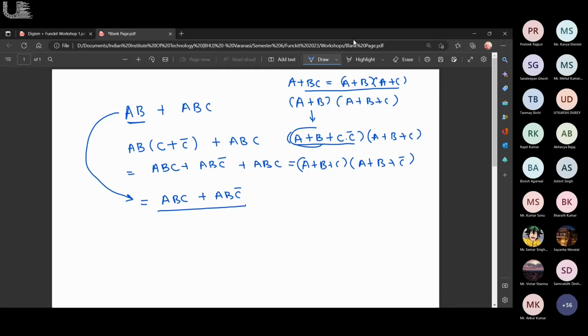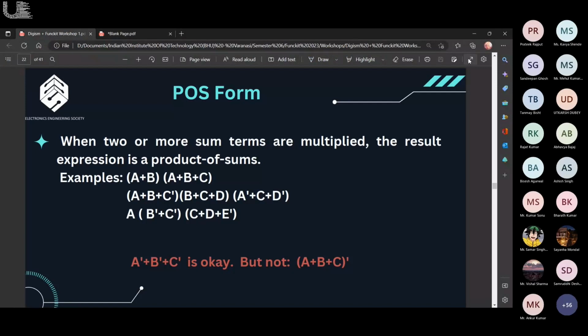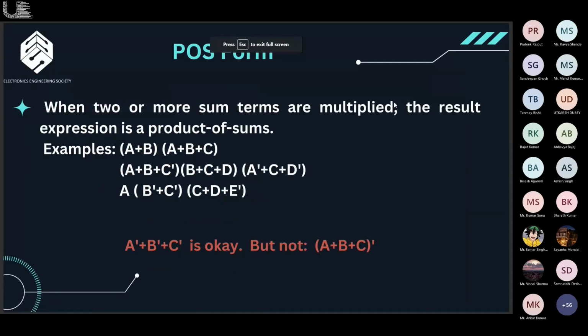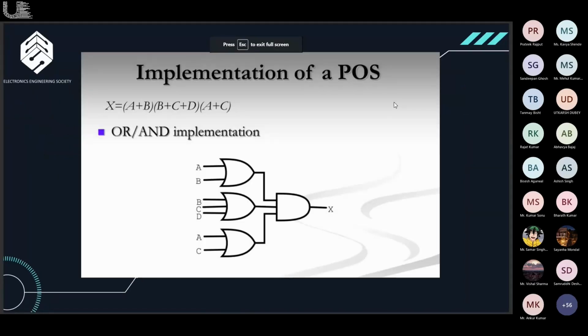We are considering this as the first term and this as the second term, and we are expanding. So here we can see that both the terms are in POS form because they are the logical sum of the given Boolean values in either complemented or uncomplemented form, and all the terms contain all the variables in complemented or uncomplemented form. So this was all about SOP and POS.